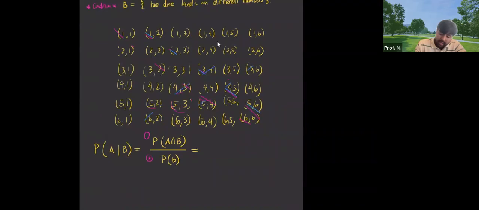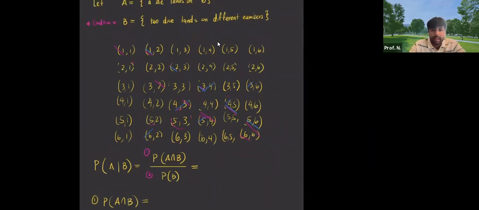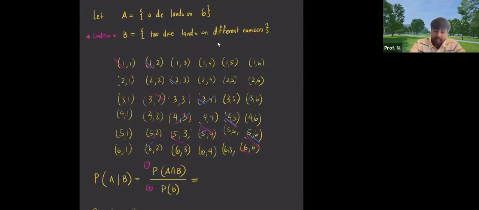We find the answer. So the first thing is the probability that A intersect B happens. What does that mean? That means that a die lands on 6 and both of them land on different numbers. So one of them has to land on 6, either the first one or the second one. It doesn't matter. So what would be A here? The event A. I would have to group certain outcomes here, right?